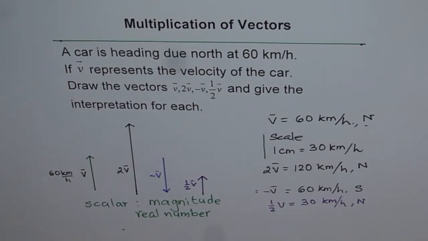So when we say multiply by a real number, we will say scalar multiplication. So the effect of scalar multiplication is that the magnitude can change, the direction can change, but the vectors remain collinear, the vectors are parallel. So that is what we get out of it, right?